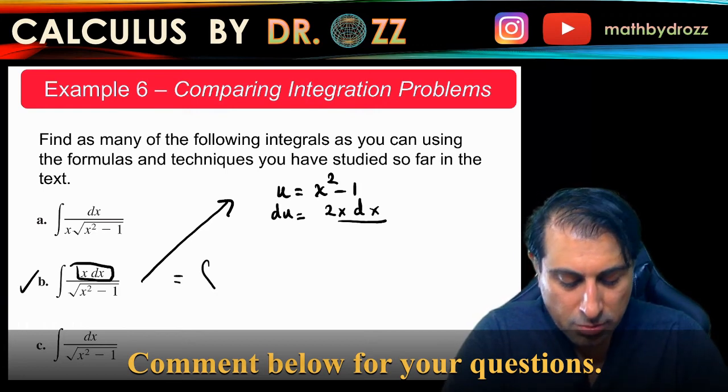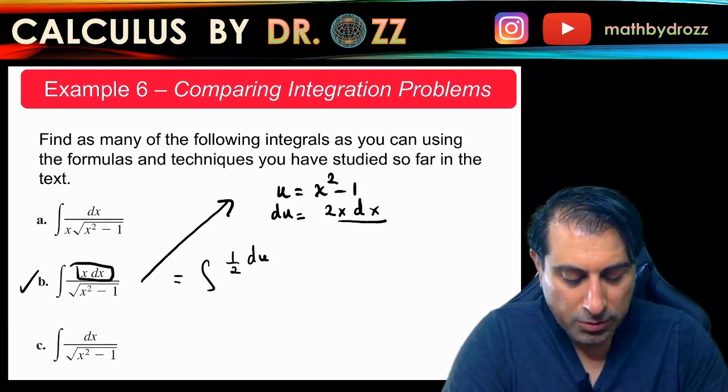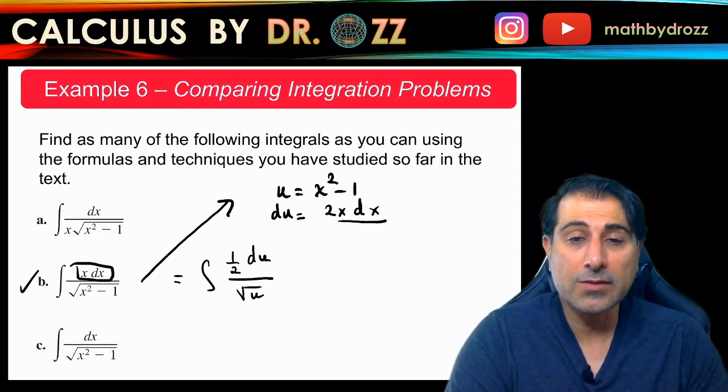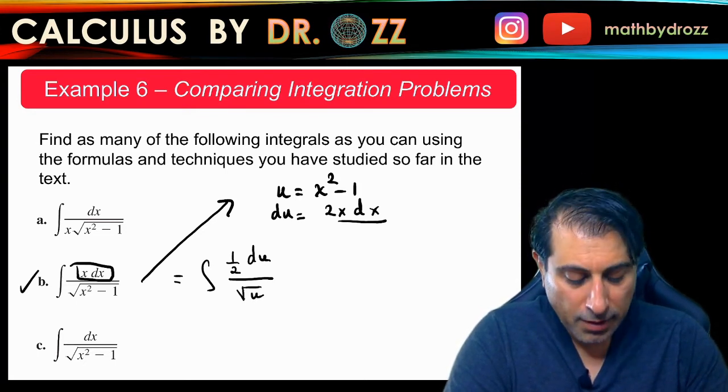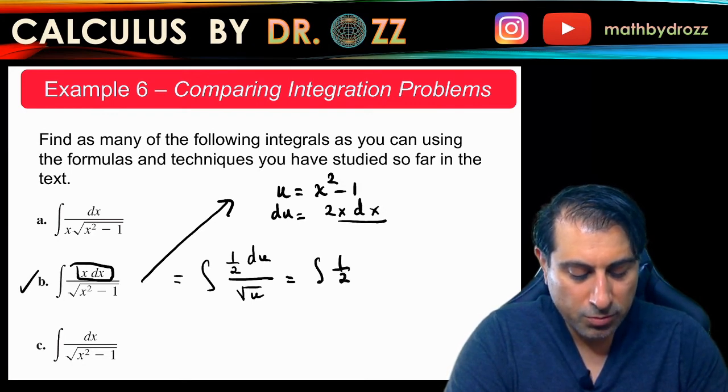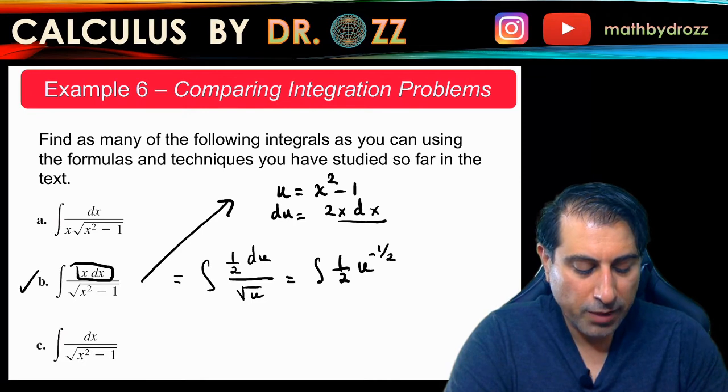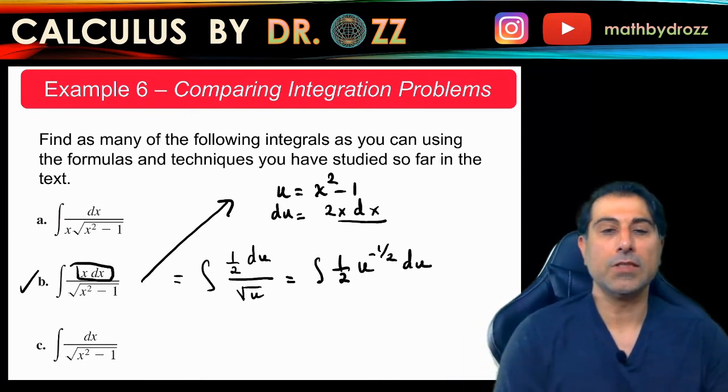In turn you have 1/2 du, and in the bottom you have radical u, but radical u is u to the power of 1/2, and if you look at the reciprocal of that, this is 1/2 u to the power of negative 1/2 du.